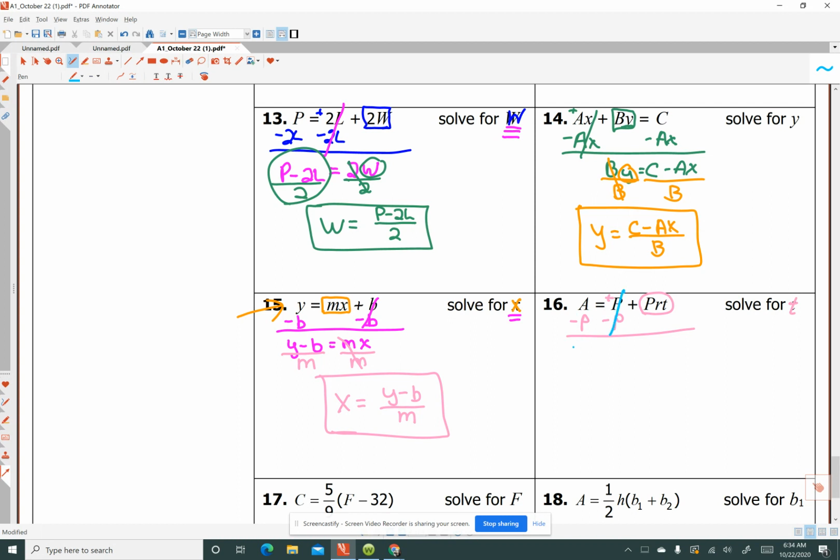So on the left side, A minus P equals PRT. This is an interest formula. Now, what's happening to T? T is being multiplied by PR. The opposite or inverse of multiplying by PR would be to divide by PR.